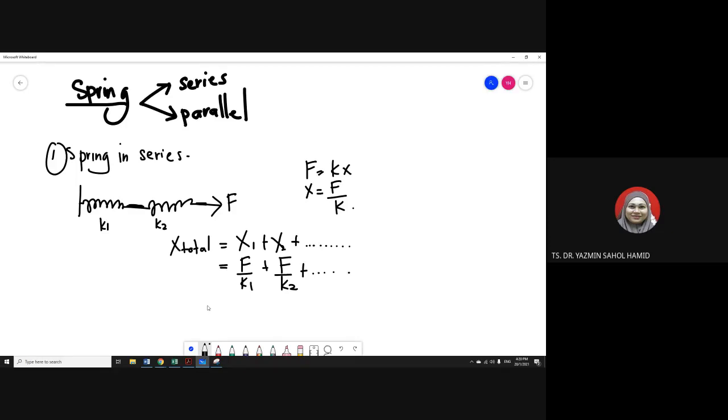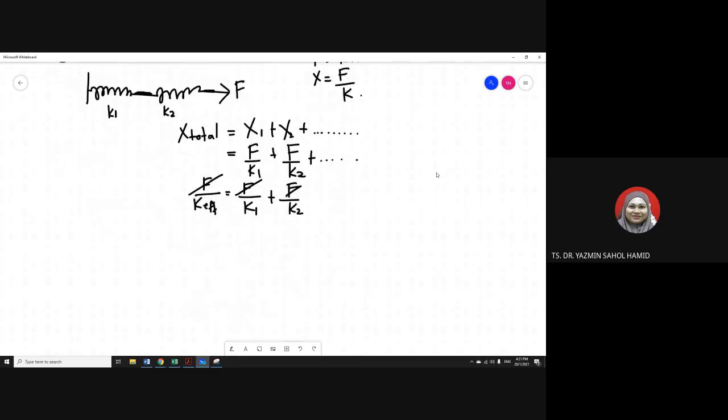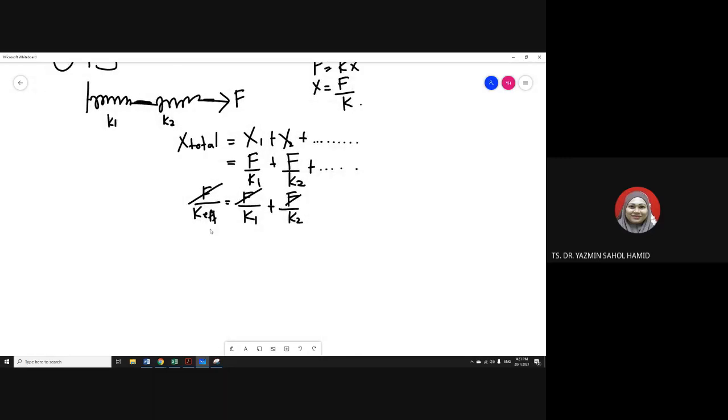Now, let's say we want the K effective. So F over K1 plus F over K2, and we can just cross out the F. So 1 over K effective will be equal to 1 over K1 plus 1 over K2, and so on if there are more.